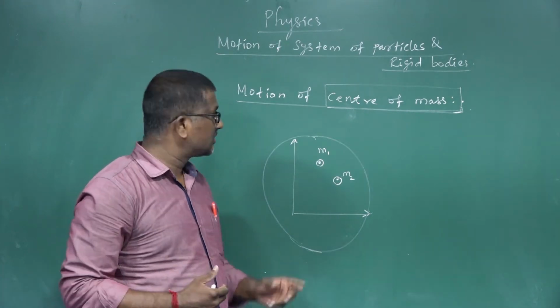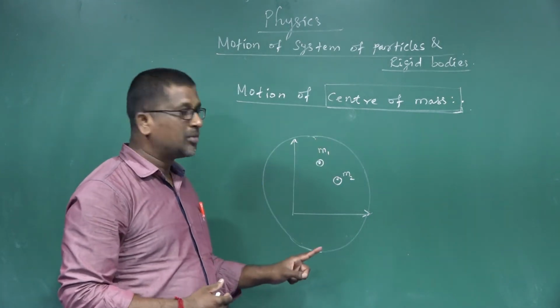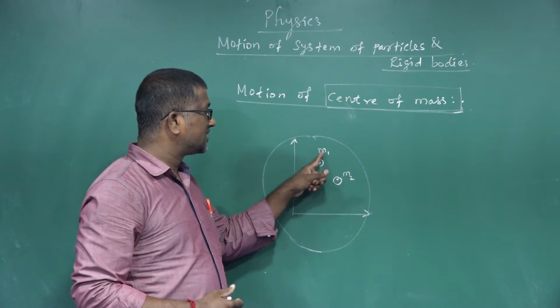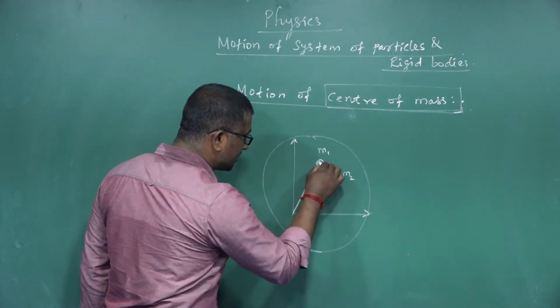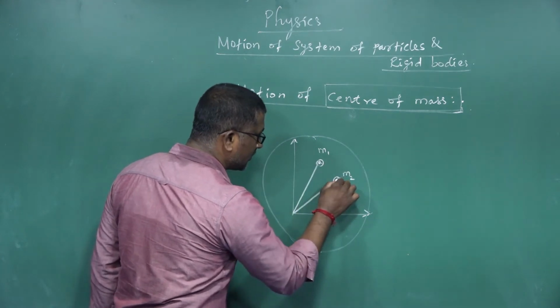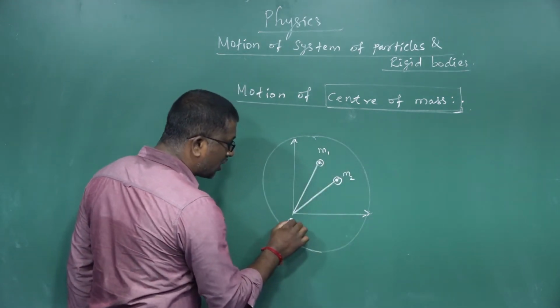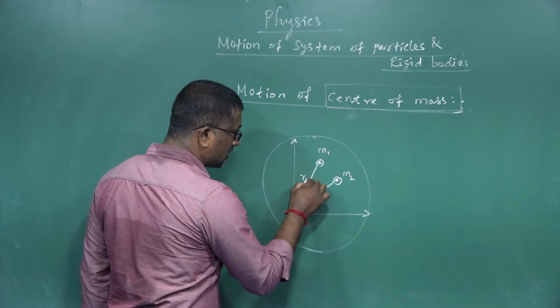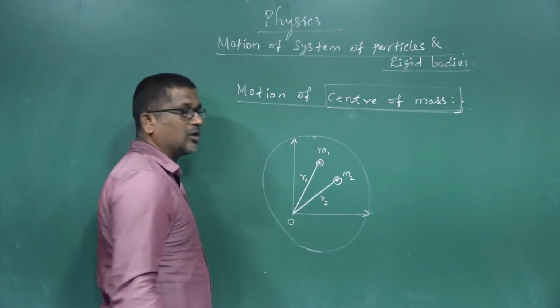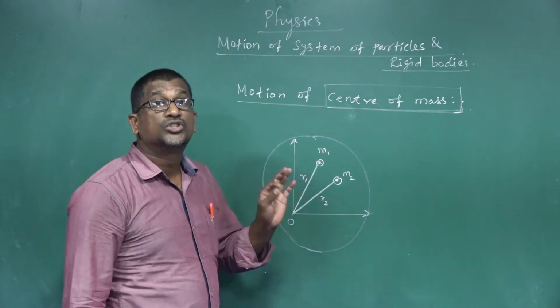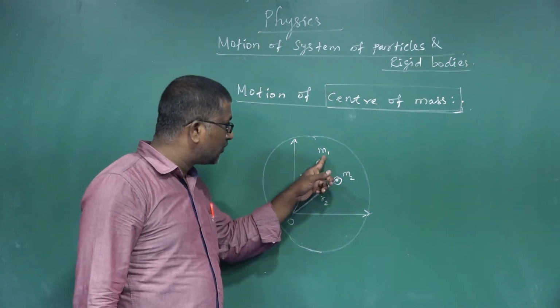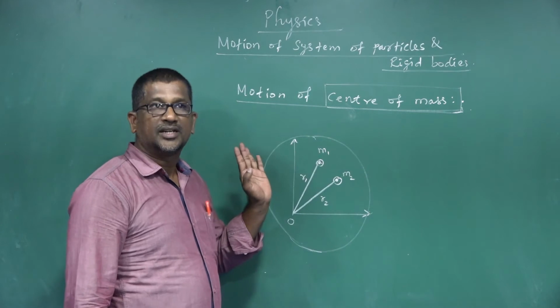For our convenience, we consider only two particles in the rigid body, whose masses are taken as m1 and m2, and their distances from the origin are taken as r1 and r2. Here r1 and r2 are the position vectors of particle 1 and particle 2.